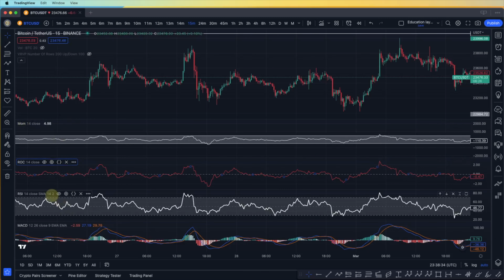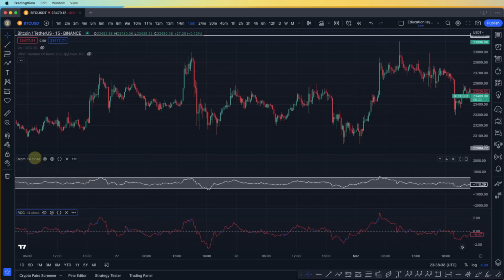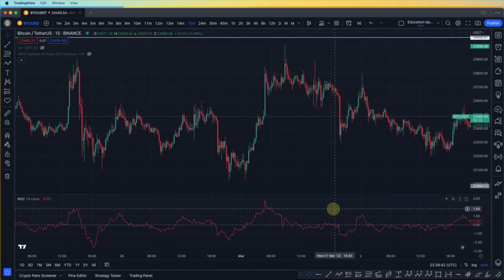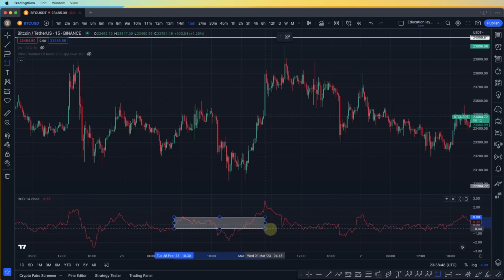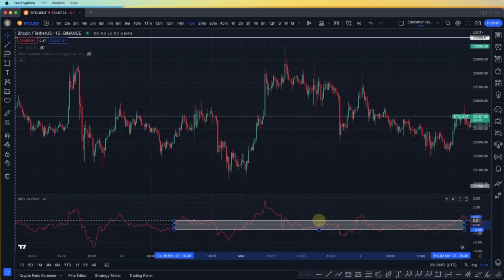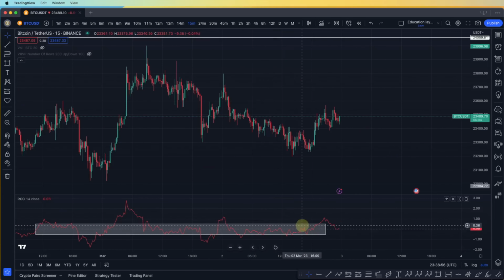I'm going to go to the last part, ROC. Exactly the same as momentum. We're going to drag a rectangle around the ranging area, and when they break above this area, potentially we're going to be in an uptrend.